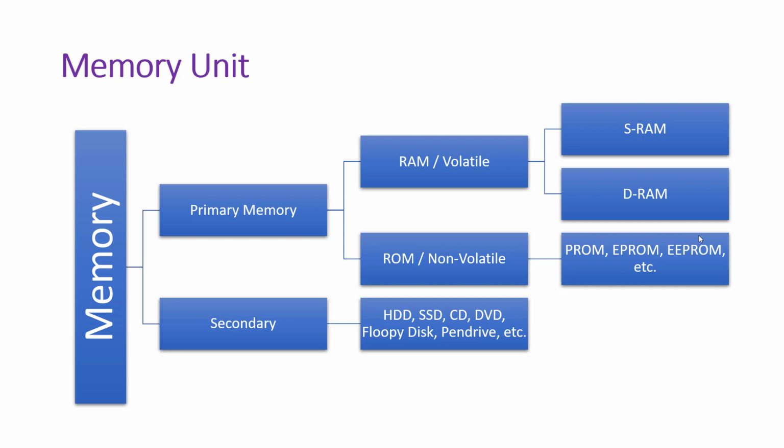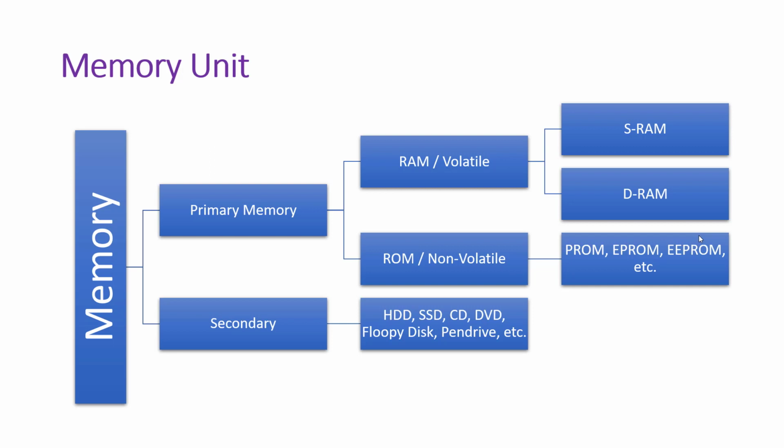Next we have EPROM, which is erasable programmable read-only memory. In this type of ROM, the program can be edited, updated or manipulated. We can erase the program and reload another instruction. But in this case, we need special tools from the manufacturer once again.